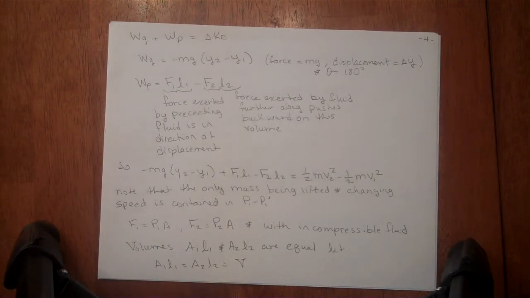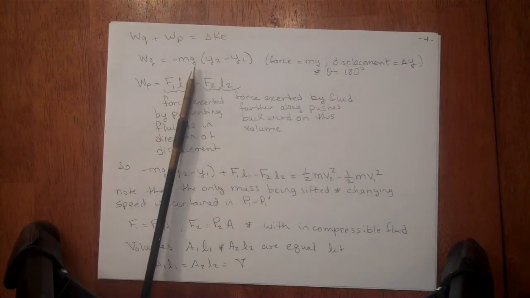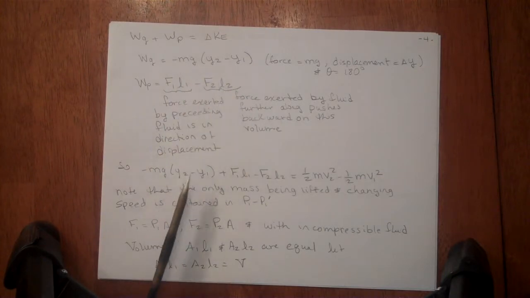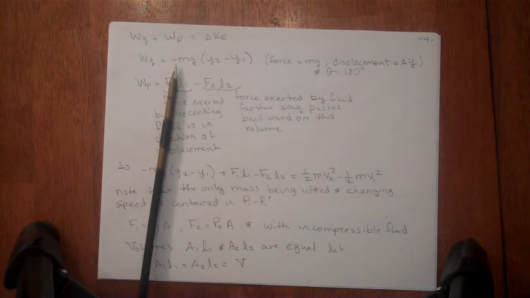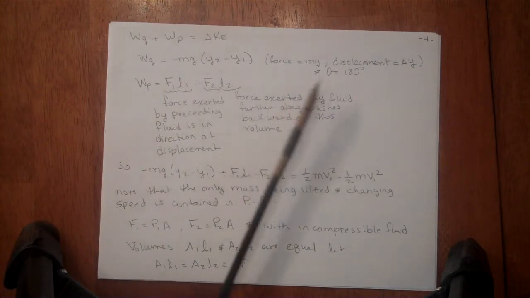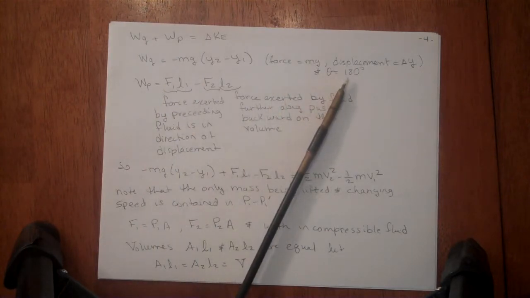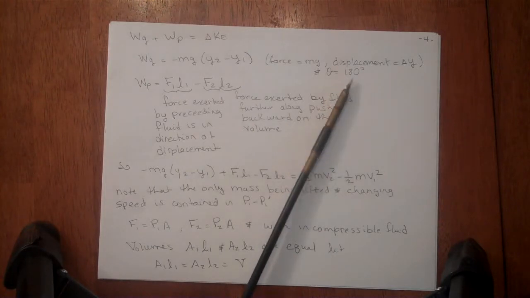Now the work done by gravity is equal to the force exerted by gravity, which is of course mg, times the displacement, and that displacement is just the vertical displacement, y2 minus y1. This minus sign comes from the fact that the angle between the force of gravity and the displacement is 180 degrees, and cosine 180 that comes from our work equation is -1.